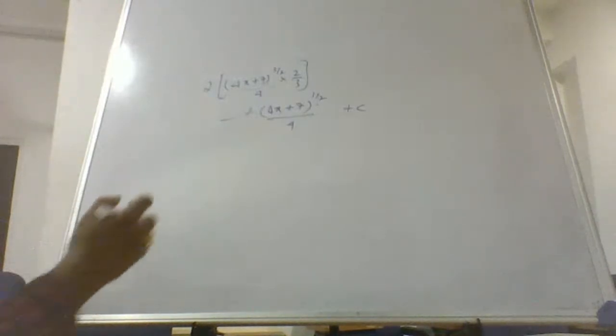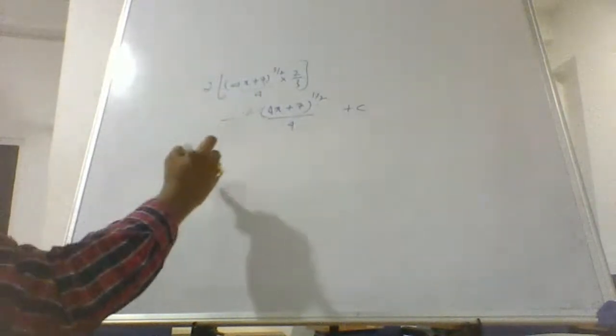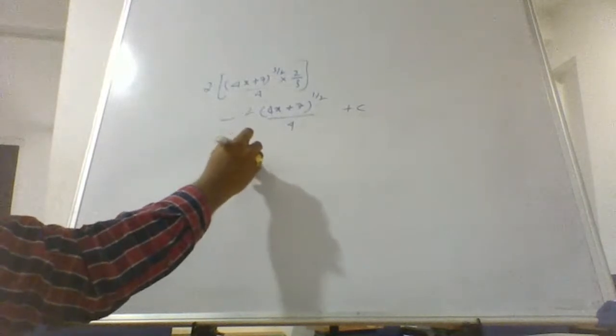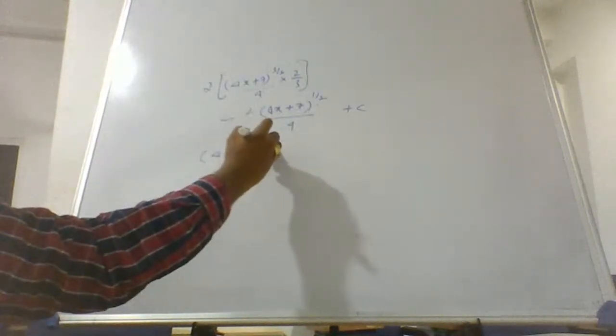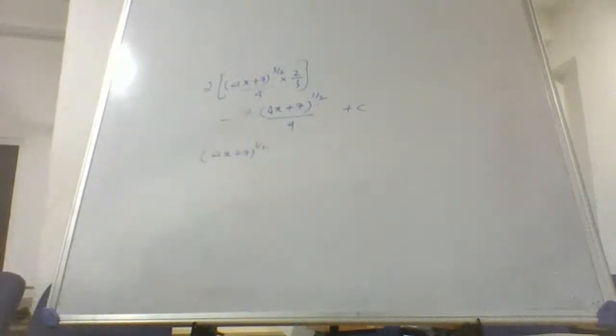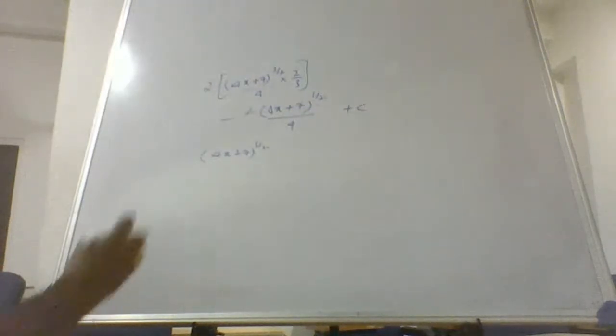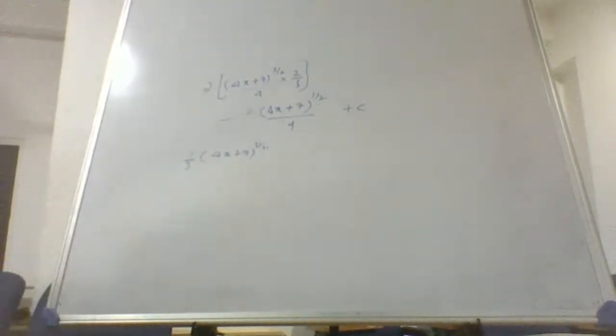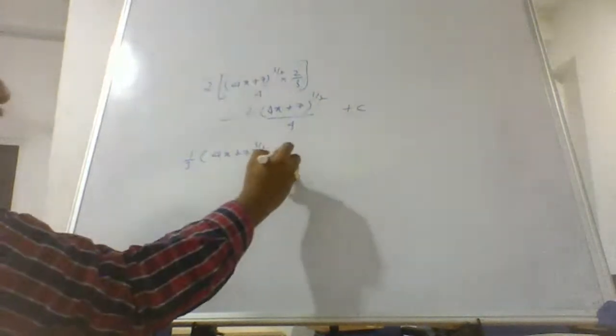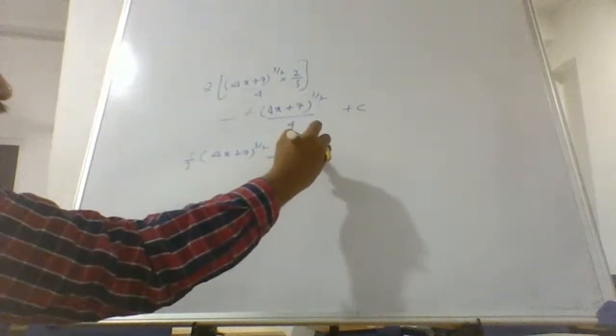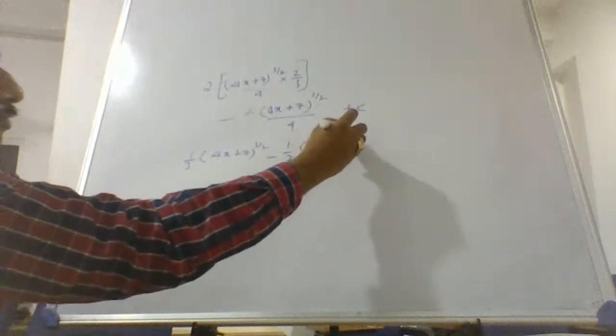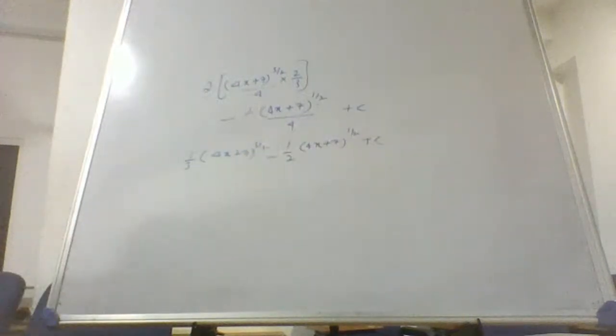Now when you simplify it totally, I get (4x + 7) to the power of 3 by 2 times 1 by 3, minus half times (4x + 7) to the power of 1 by 2, plus c. So this will be the solution for the integral which we have had.